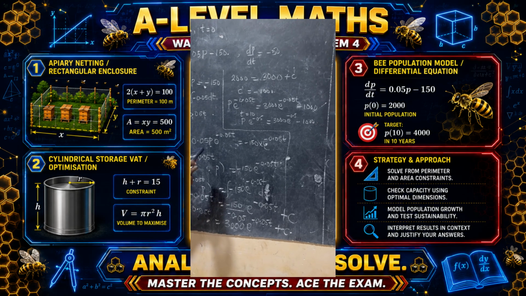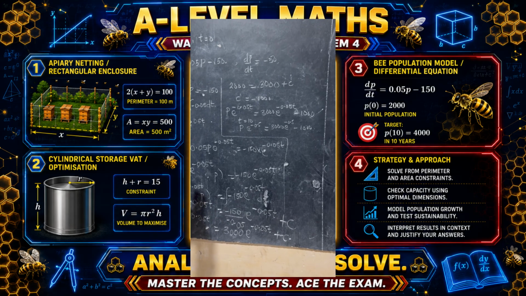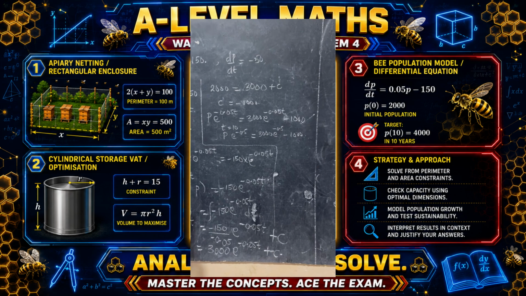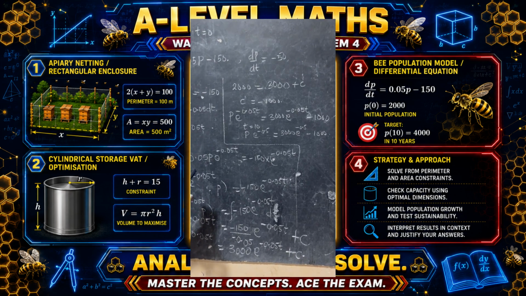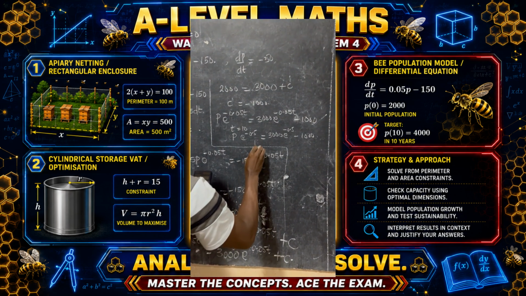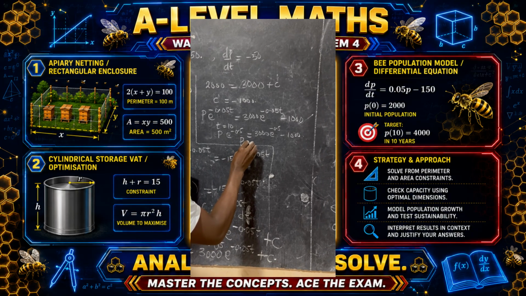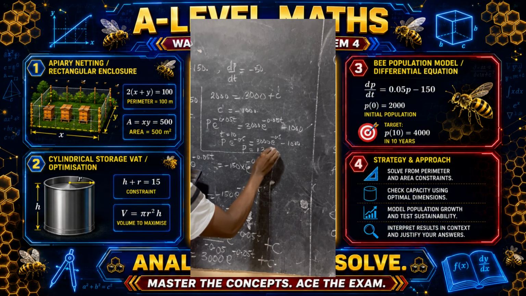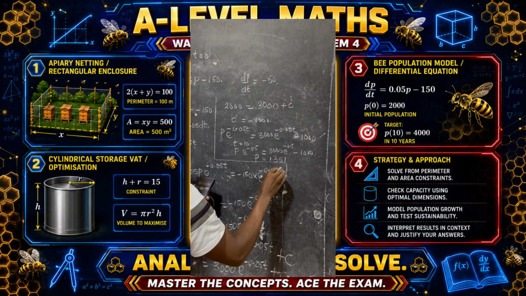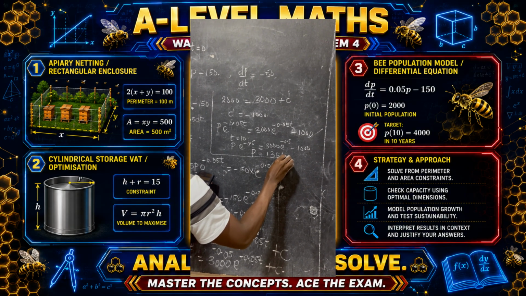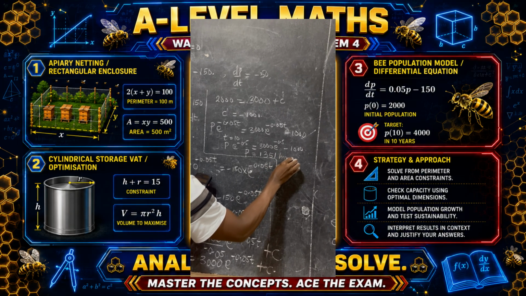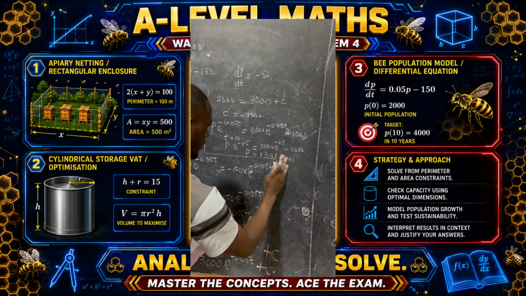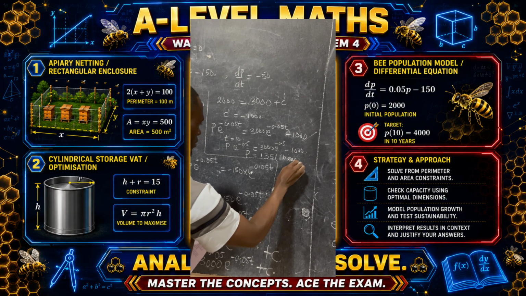Then I divide it by exponential negative 0.5. So my p will just approximate to 1,351.2. These are bees, because you're looking at bees.